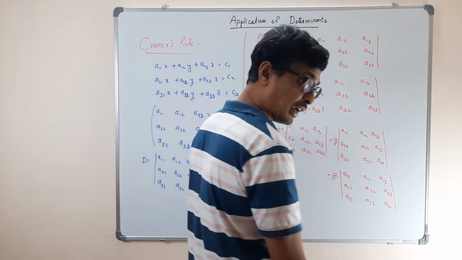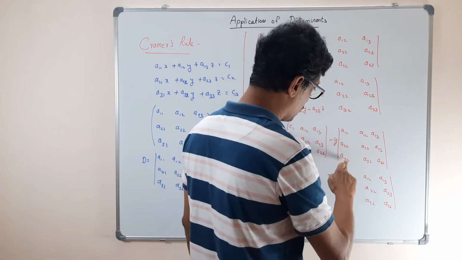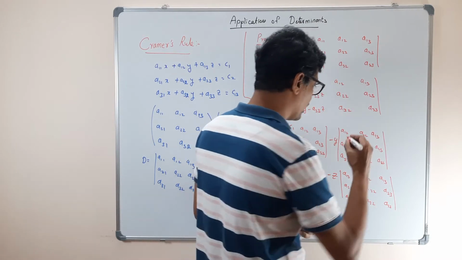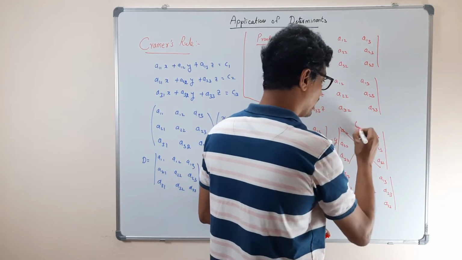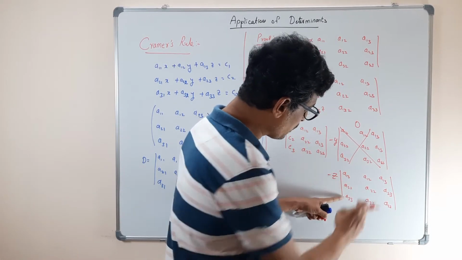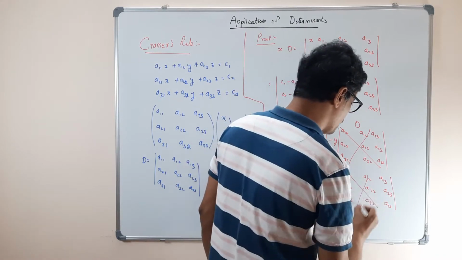We proved that also in the earlier class. You can see the lecture. So this column and this column are equal, therefore this determinant is 0. And again, this column and this column are identical, therefore this is also equal to 0.